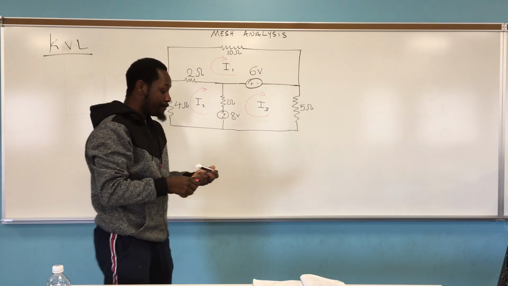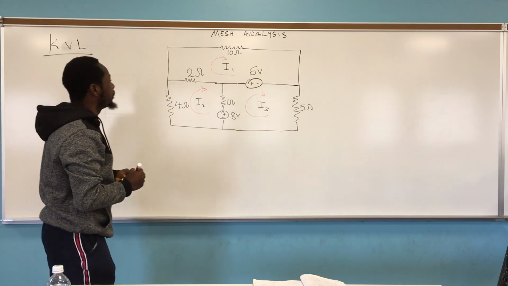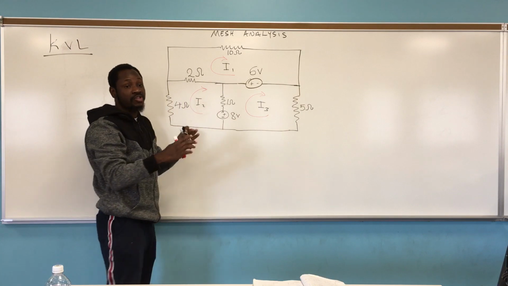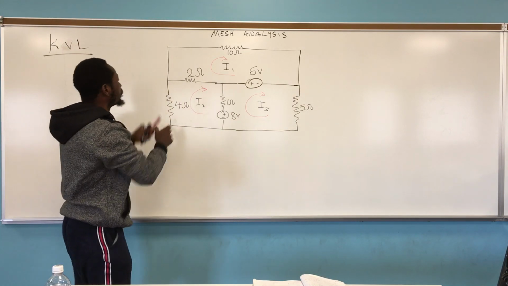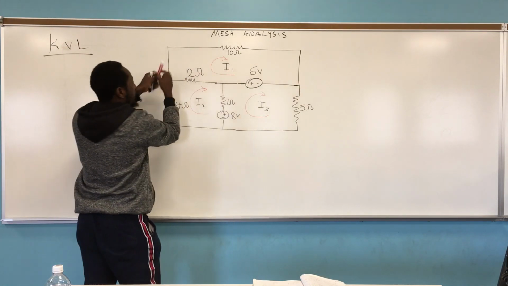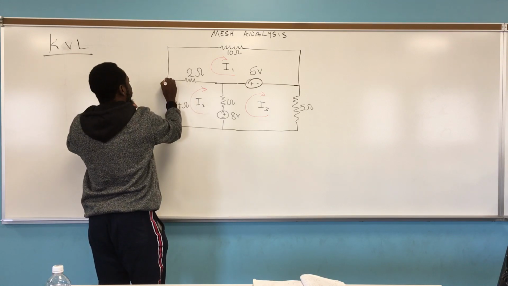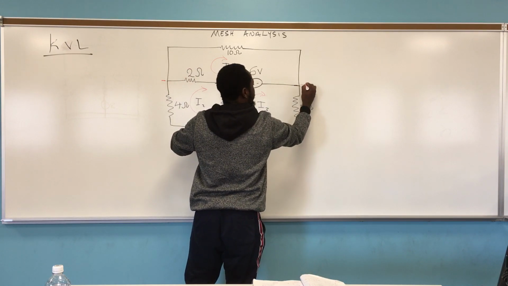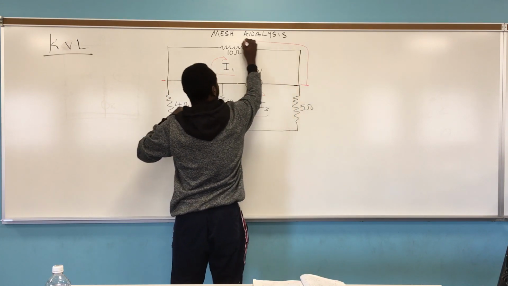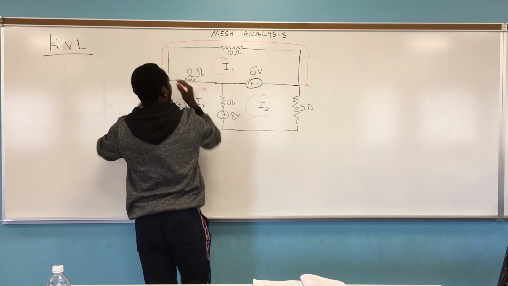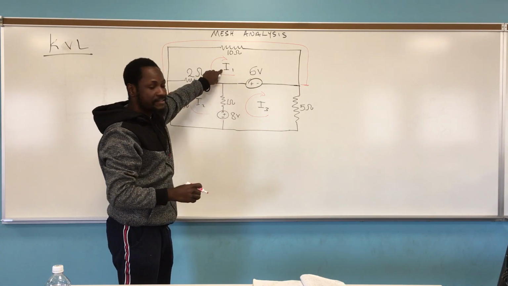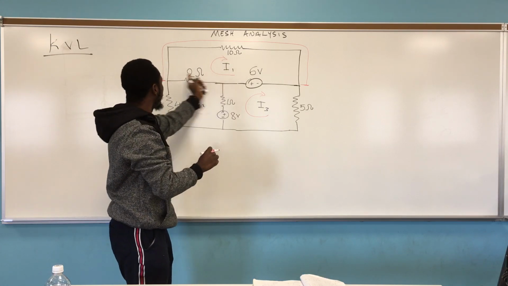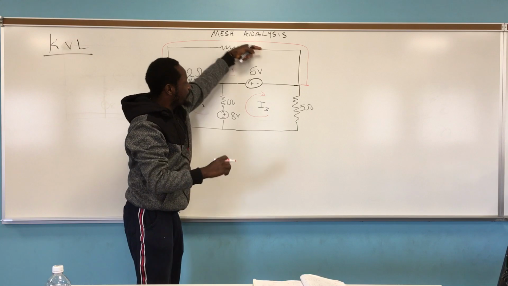Now, the mesh current is the current that is on the outer branch of a loop. So if you look at this loop 1 here, the outer branch starts from here. So having assigned this mesh current I1 for this loop, it means the current through the outer branch.